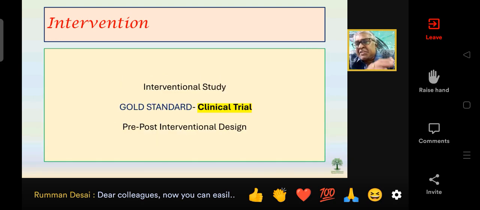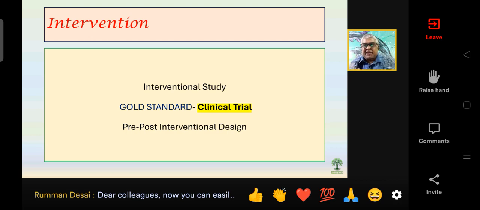And for any interventional study, the gold standard is the clinical trial. There are multiple pathways, multiple ways to do a clinical trial, multiple types of clinical trials. But we'll do a separate session on clinical trials alone.